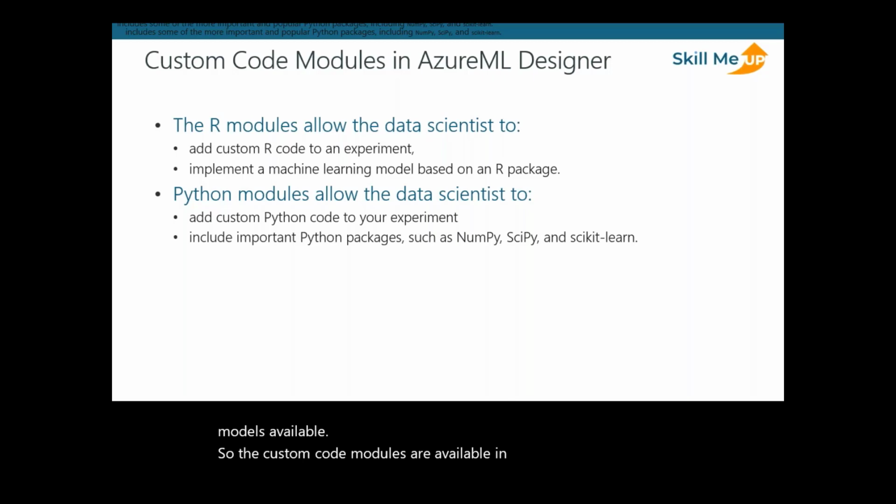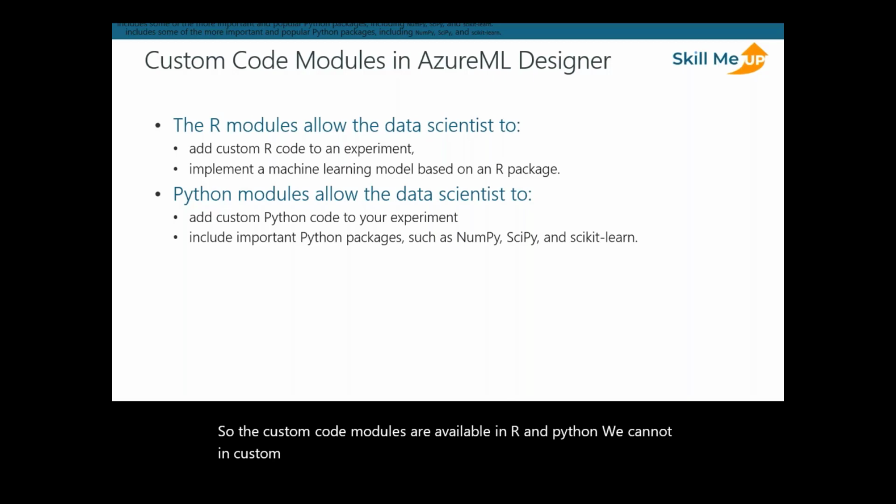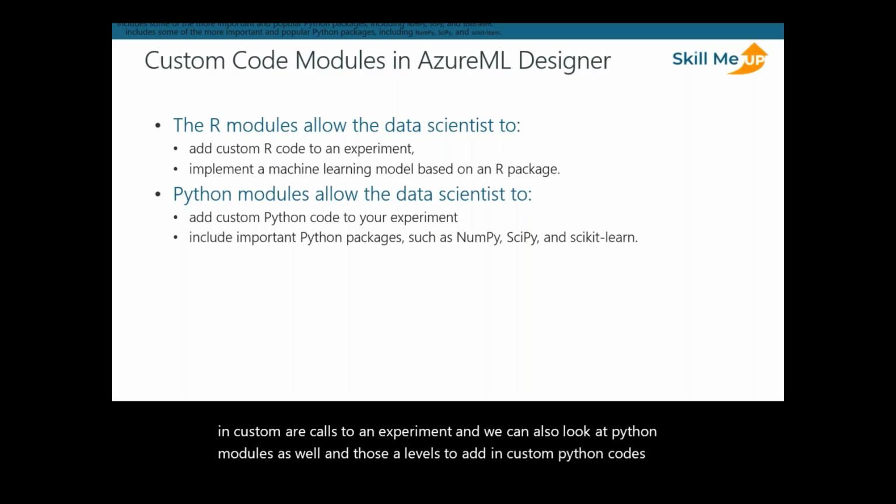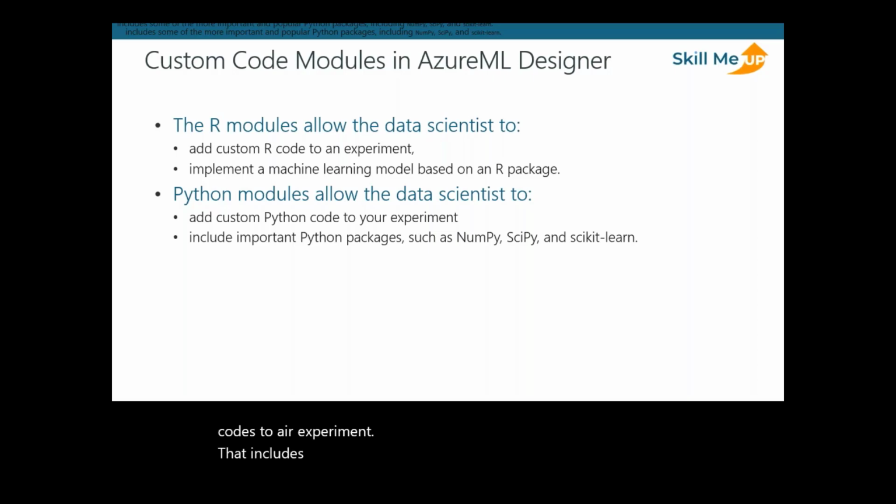We can add in custom R code to an experiment, and we can also look at Python modules as well. And those allow us to add in custom Python code to our experiment. That includes key Python packages, such as NumPy, SciPy, and scikit-learn.